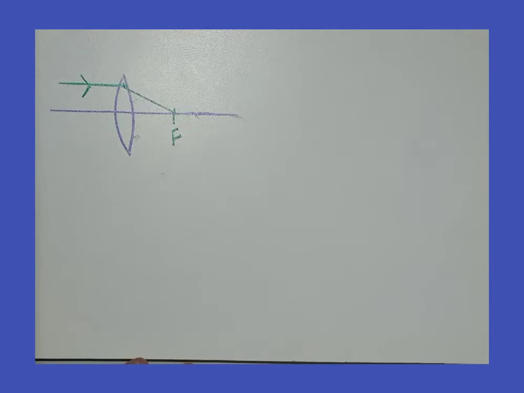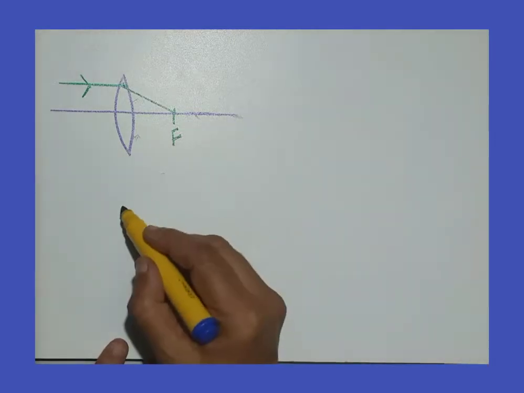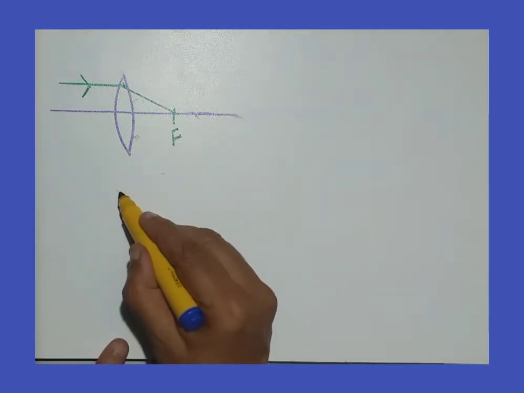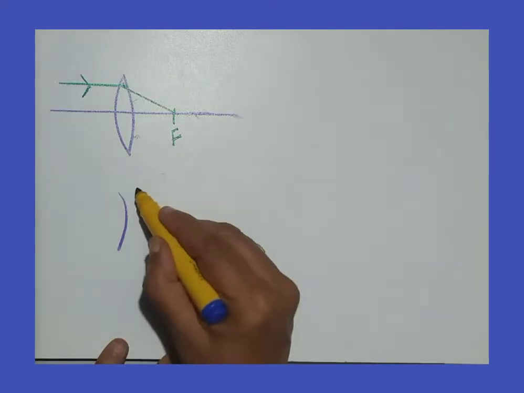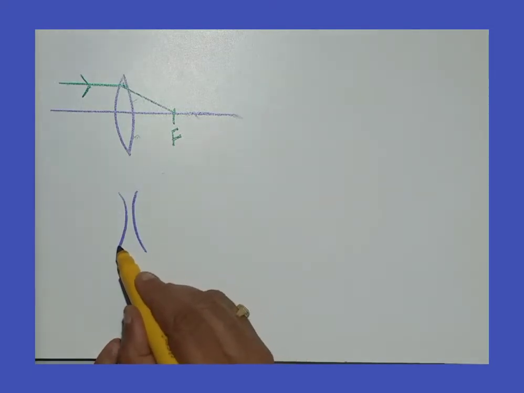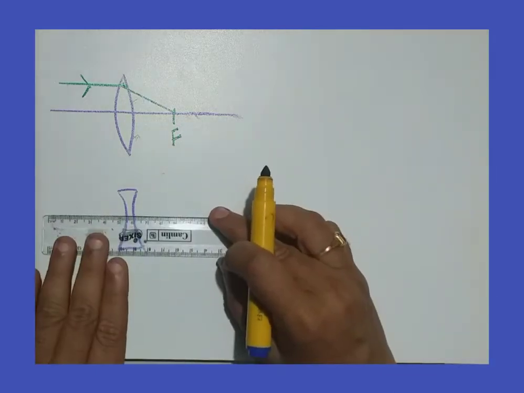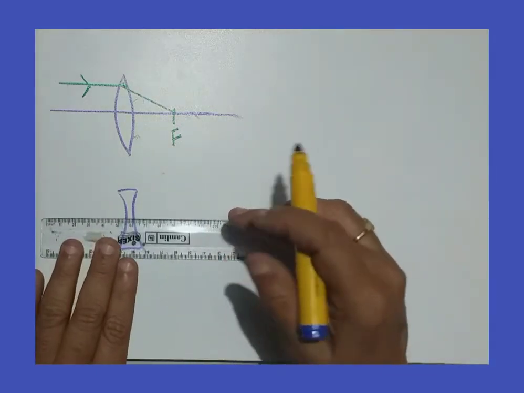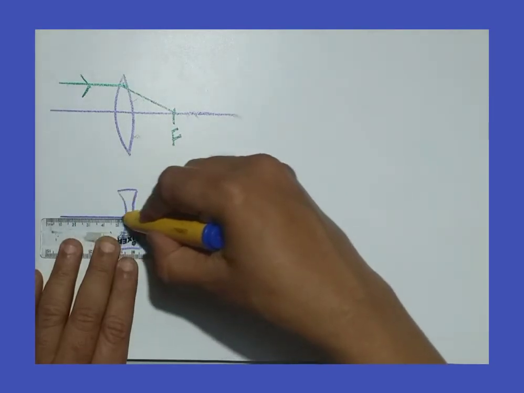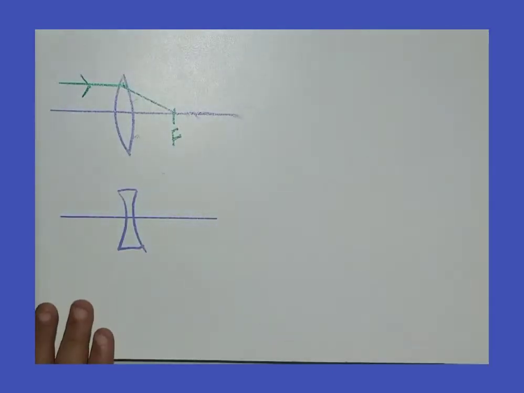If we take a concave lens, what will be the definition? Let us just think of it. Say this is the concave lens. We know in the concave lens, the light diverges. Therefore, we write like this, principal axis again.